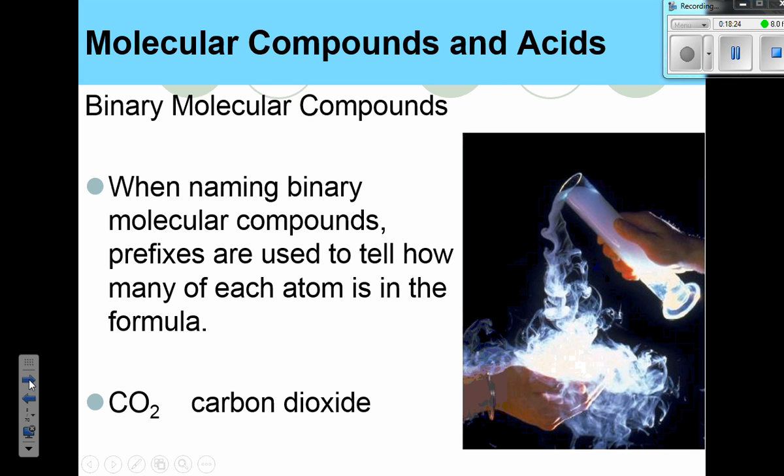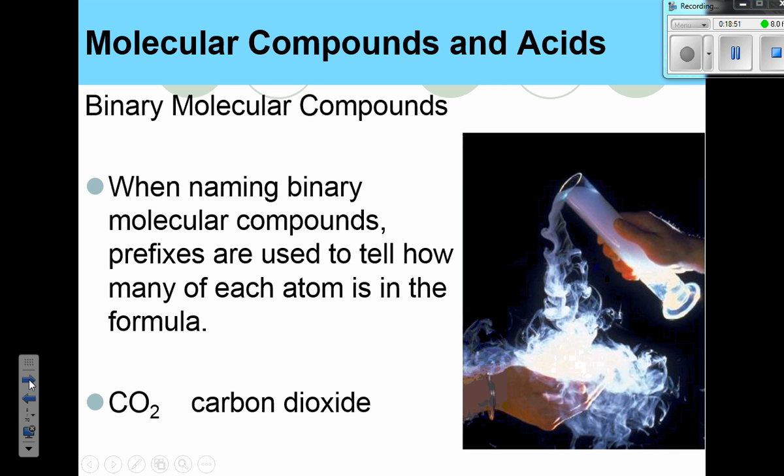For the first element, if there's only 1, we just say its name: carbon. But we have to use a prefix to tell that there are 2 oxygens. So we use the prefix di, and then the first part of oxygen's name, which is ox.